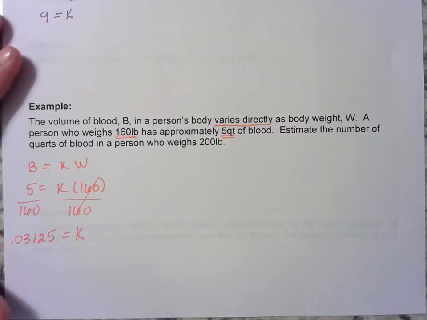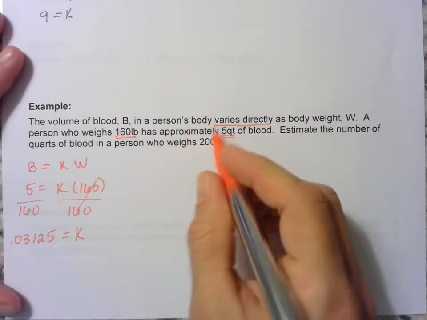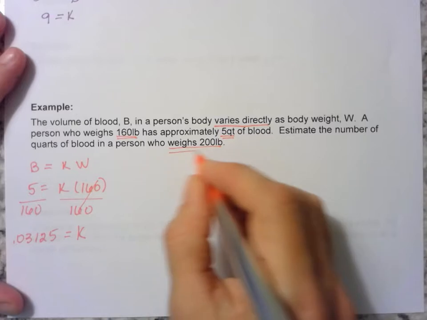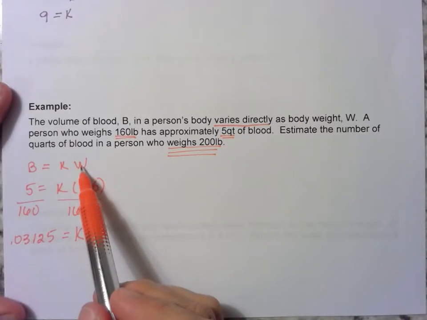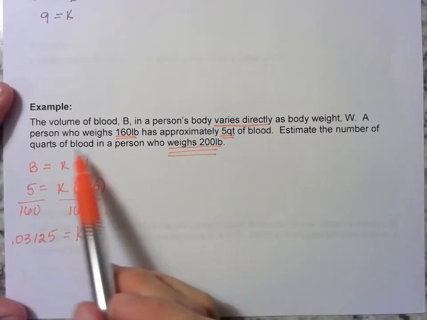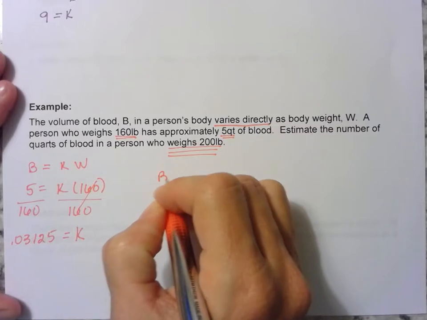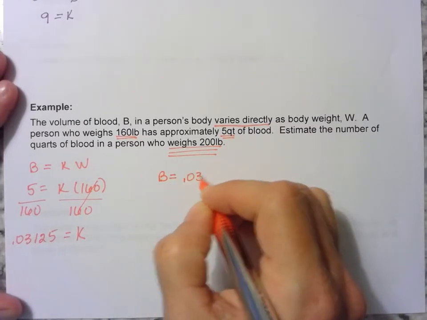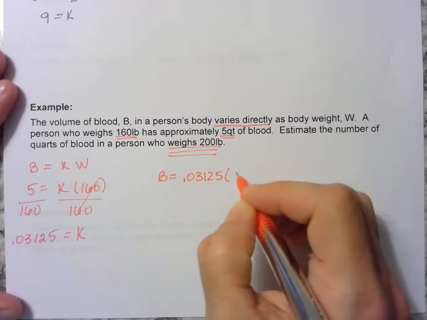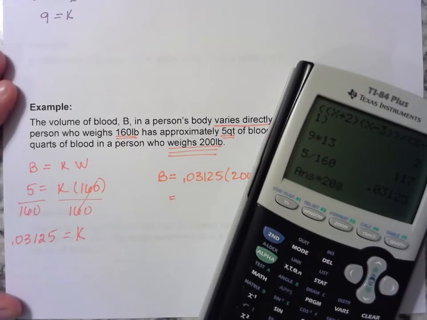So in the next part of the problem, we know that the new person weighs 200 pounds. So that's going to be our W. We want to know how many quarts of blood that person might have. So B is equal to K times W. So we get 6.25.